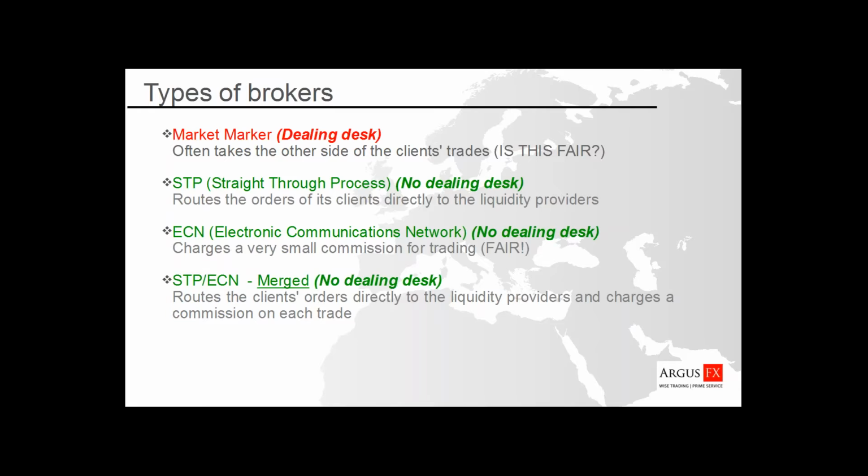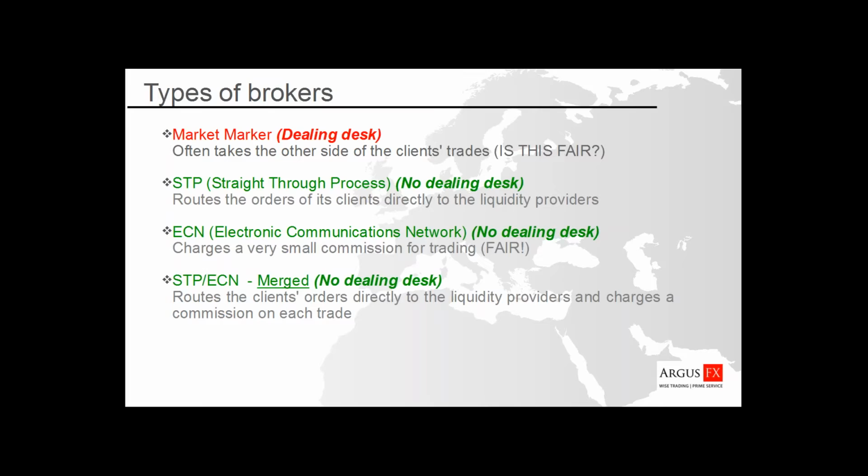The second type of broker is the so-called STP, straight through process. This type of broker hasn't got any dealing desk. And one major characteristic of this broker is that it connects the orders of its clients directly to the liquidity providers.